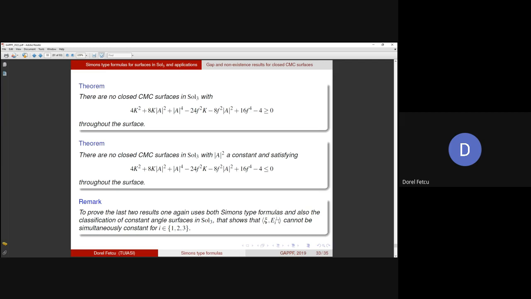To prove these two theorems, we need both Simon's type formulas.